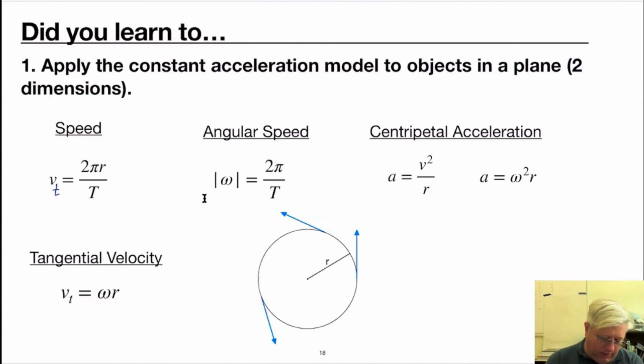We saw we could do it in terms of 2 pi and a period, but we could also put it in terms of angular velocity as well. And we also put acceleration in terms of tangential velocity, t there again, and angular velocity. All right, so that's all for lesson 12.